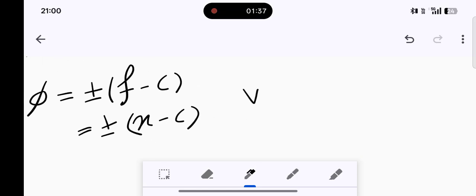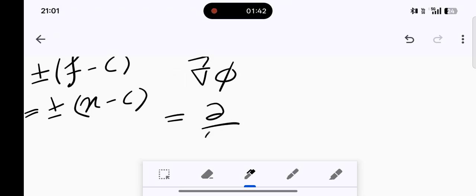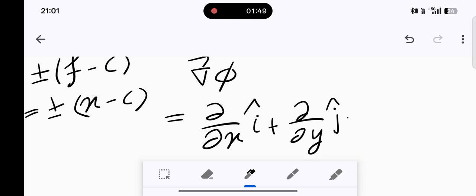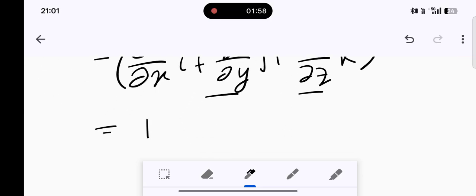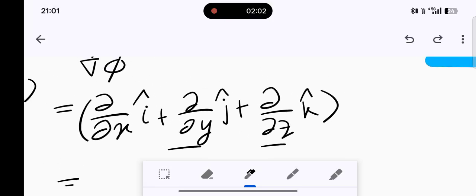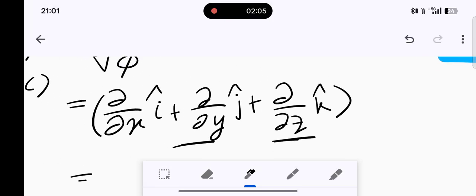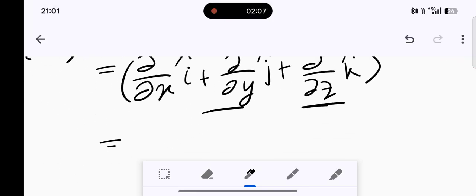Now simply del phi, this is a vector, and what is del? Del is del by del x i cap plus del by del y j cap plus del by del z k cap. Now there is no term for y and z, so I am writing directly: this is nothing but 1 into i cap.